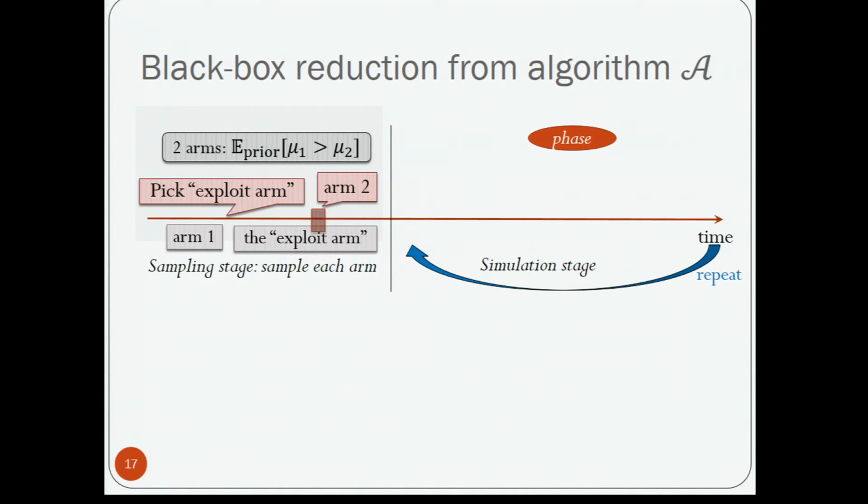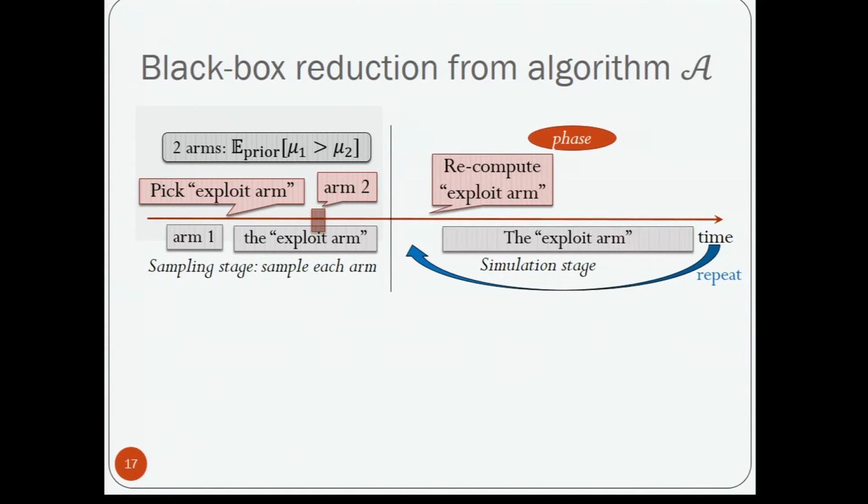So here's how it goes. In the beginning of each phase, we do the Bayesian update and compute the exploit arm. So we choose the exploit arm in every round except one, and that one round is chosen uniformly at random. And in that one round, we make a call to the original algorithm, and we feed it back the reward. That's it.